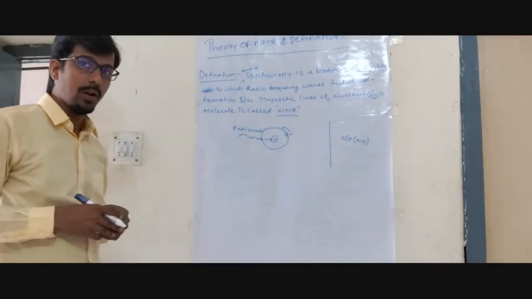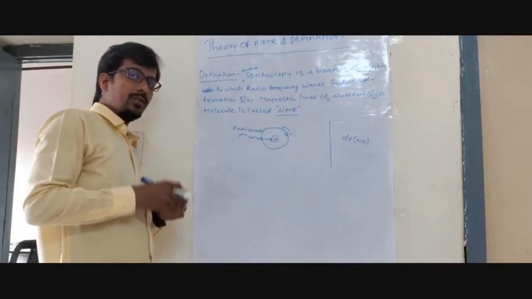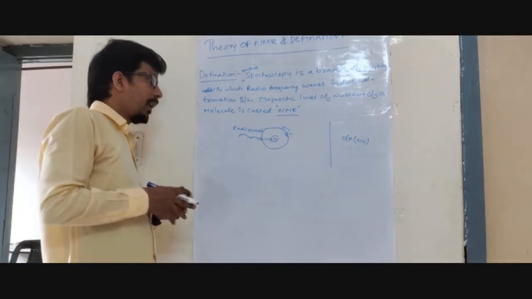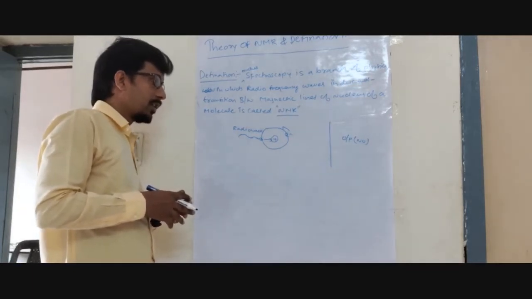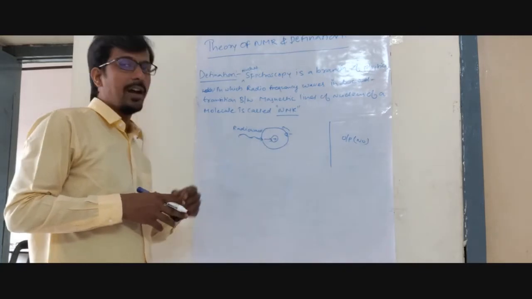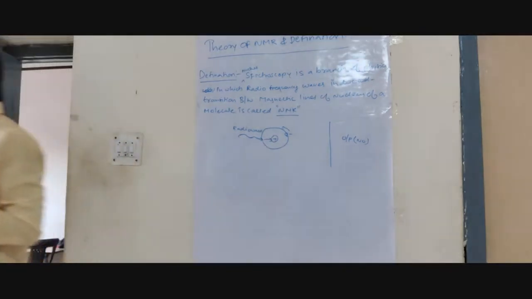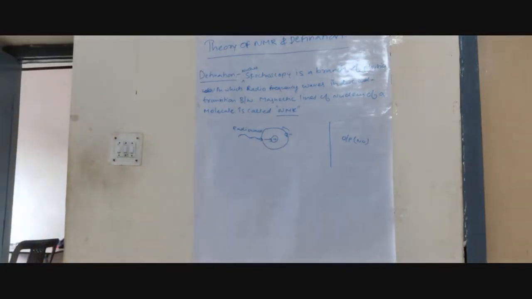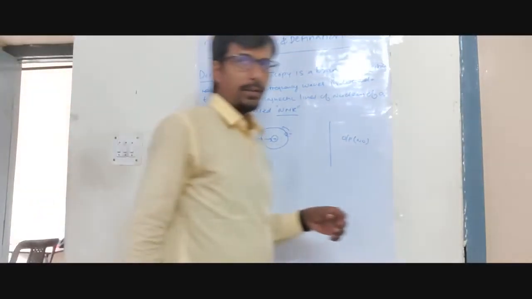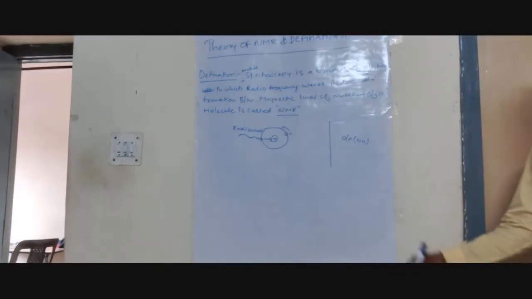So definitely, if you want to get nuclear magnetic resonance, the nucleus should be disturbed by using the radio waves. Understood? So what is happening here? The nucleus is getting disturbed by the radio waves.